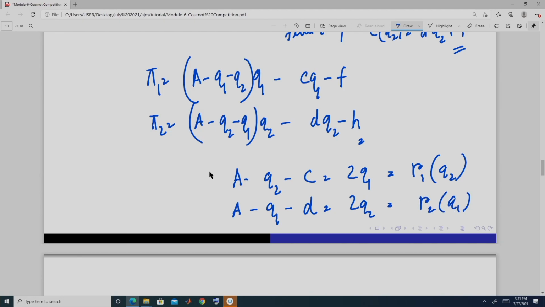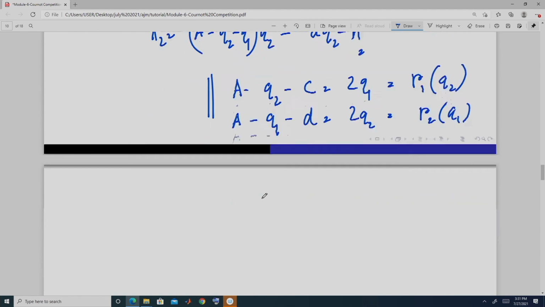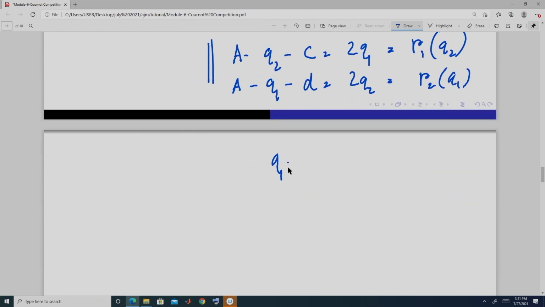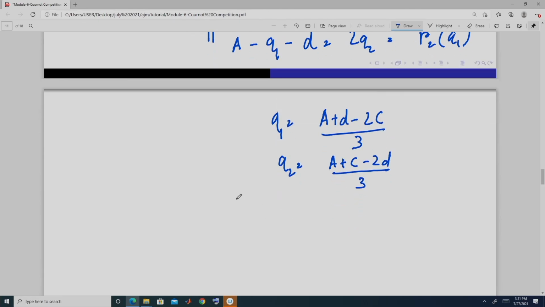Solving these two, we get Q1 as A plus D over 2 and Q2 as this.